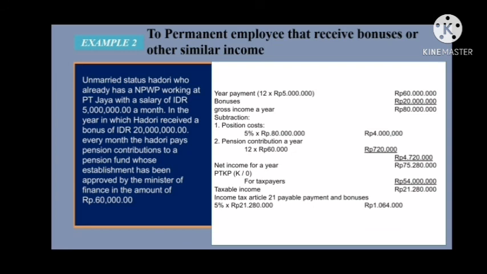So 80 million rupiah minus 4,720,000 rupiah equals 75,280,000 rupiah. And then minus the non-taxable income 54 million rupiah equals 21,280,000 rupiah.